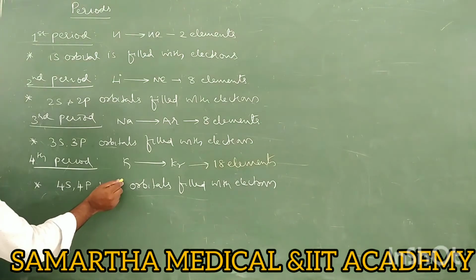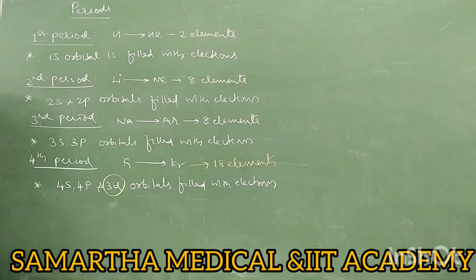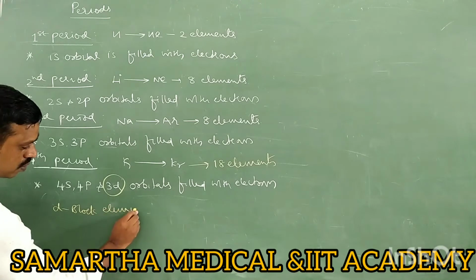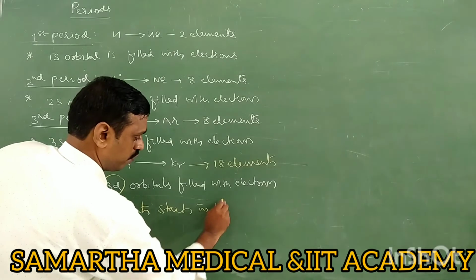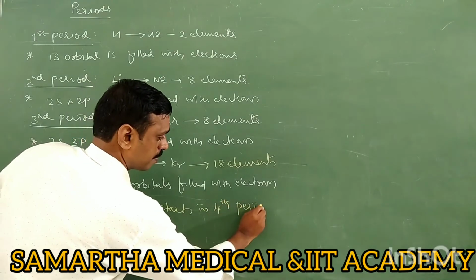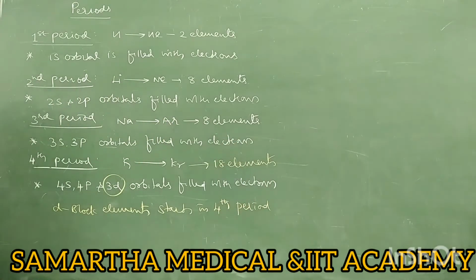In the fourth period the d orbital comes for the first time. It means the d block starts in the fourth period, not the third period.